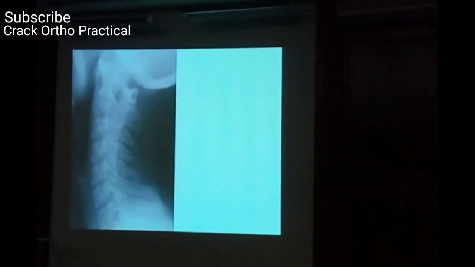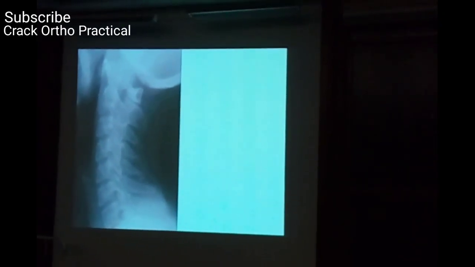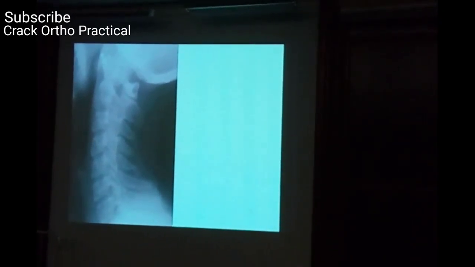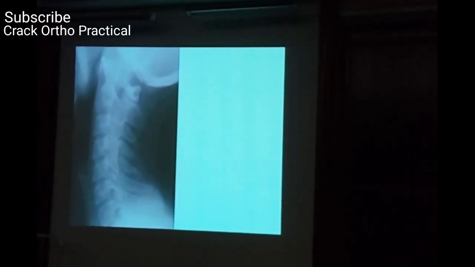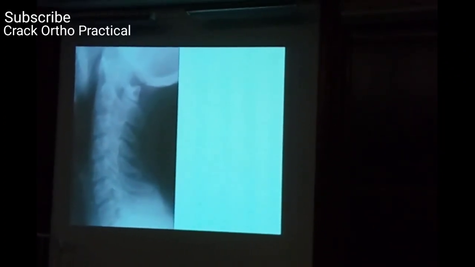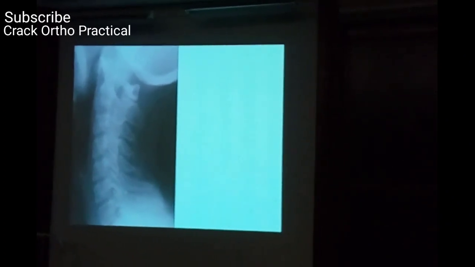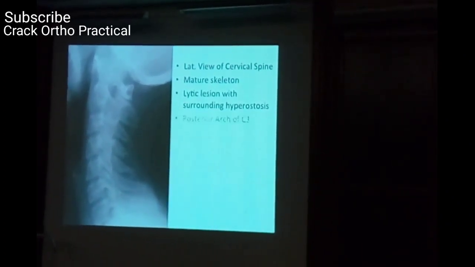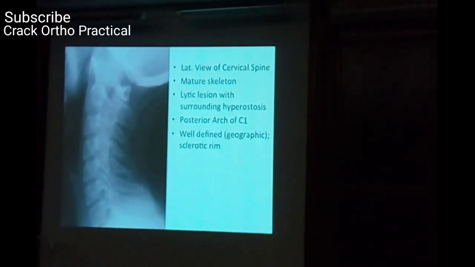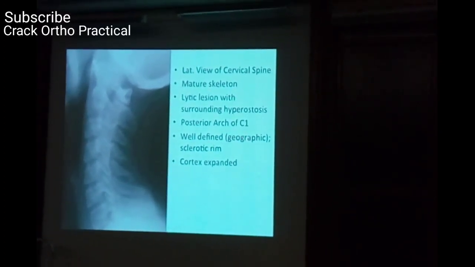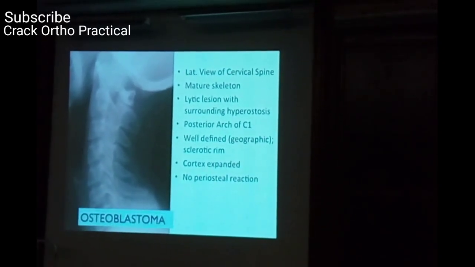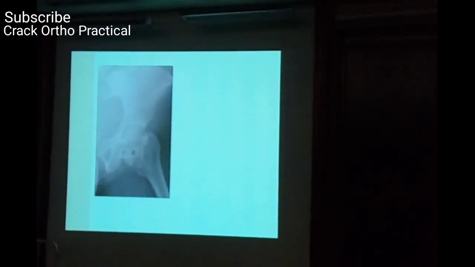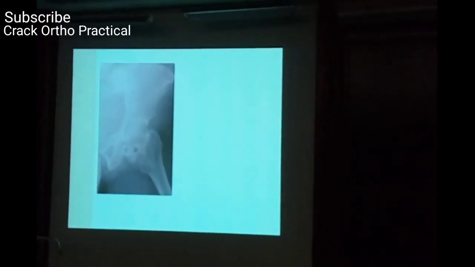It's a well-defined margin. Osteoblastoma. Just let him speak. Bolo. It's a well-defined lesion with clear matrix in the spinous process of C1, and there is sclerotic rim, hyperostosis, cortex expanded, osteoblastoma, right? Next one. Easier.